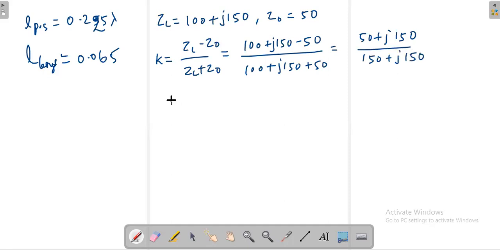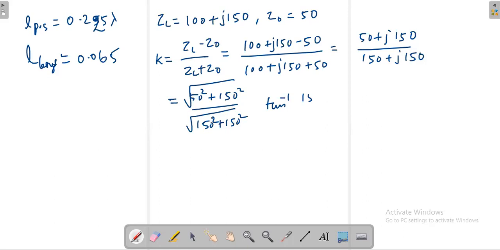Now, answers from anybody? Square root of 50 square plus 150 square over square root of 150 square plus 150 square, angle tan inverse of 150 divided by 50 minus tan inverse of 1, because both are 150. What is the answer, sir?